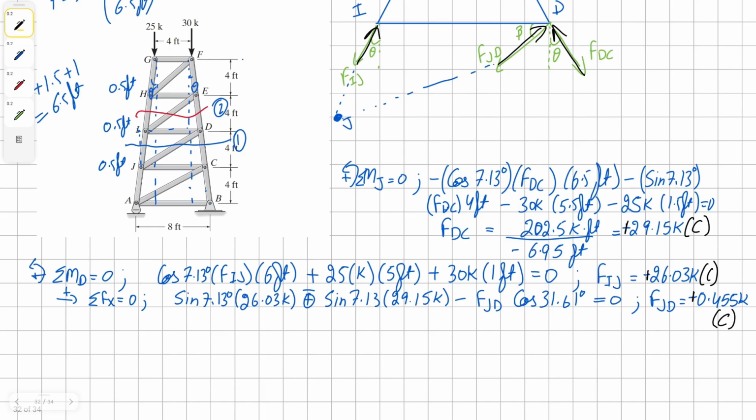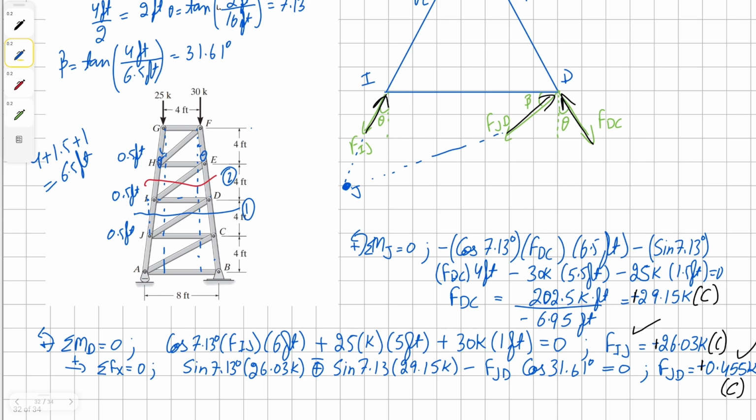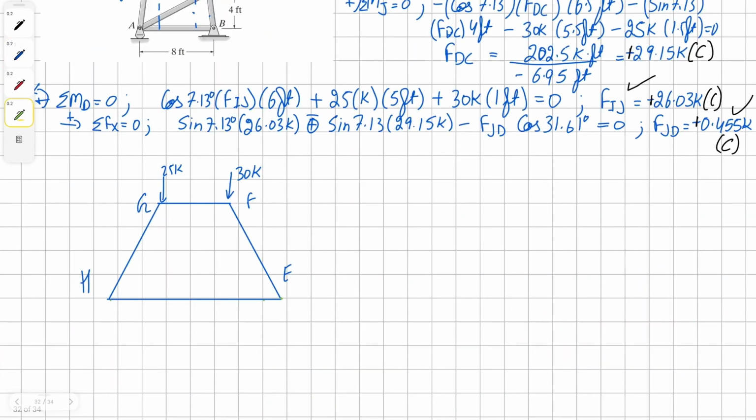Okay, now that we have found our required IJ and JD, we have to tackle our problem for ID. In this case, we're going to redraw our free body diagram for our new cut, and here we're going to have our force HI, external force ED, and then the other diagonal force of EI.